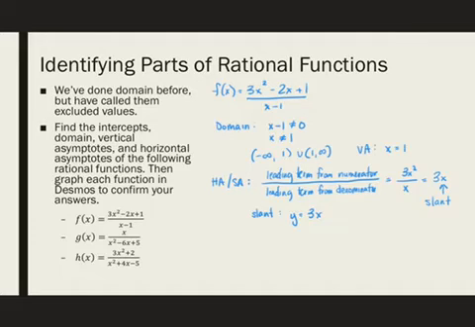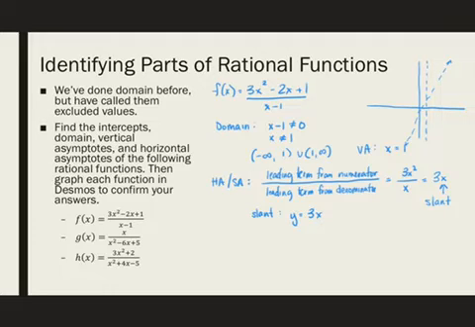Okay, so now I've got a function where a vertical asymptote happens at 1, so we would sketch that vertical asymptote in. A slant asymptote at y equals 3x, so let's say it would look something like this.